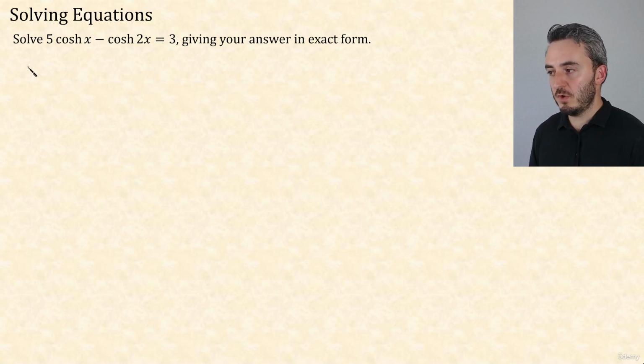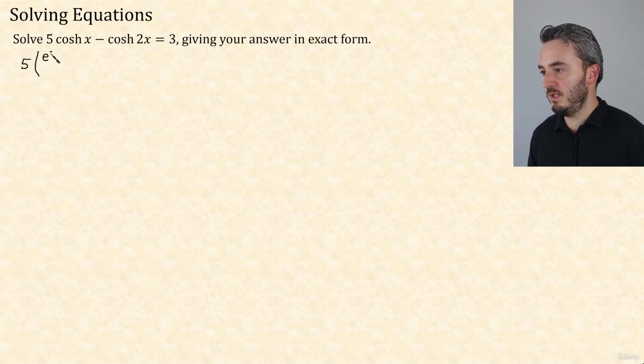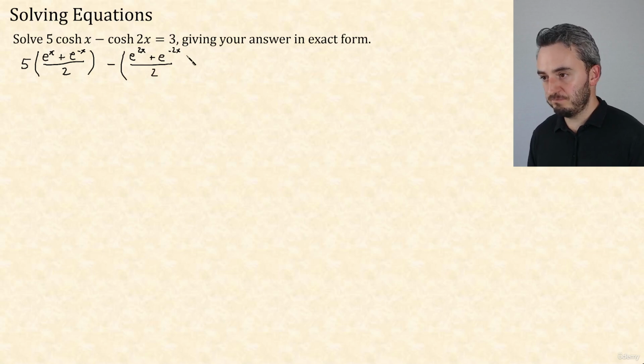So 5 cosh x is, well, cosh x is e to the x plus e to the minus x all over 2. Now cosh 2x is e to the 2x plus e to the minus 2x all over 2. And then that equals 3.